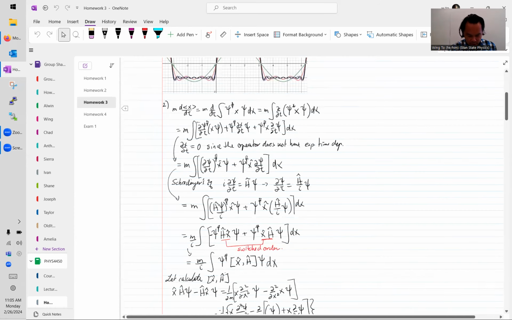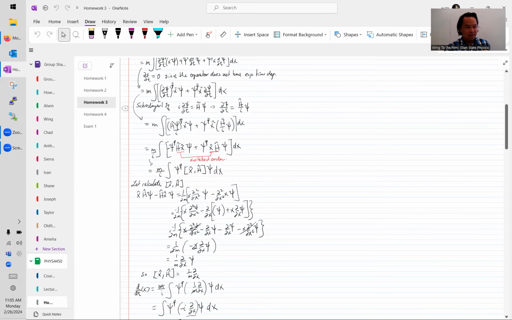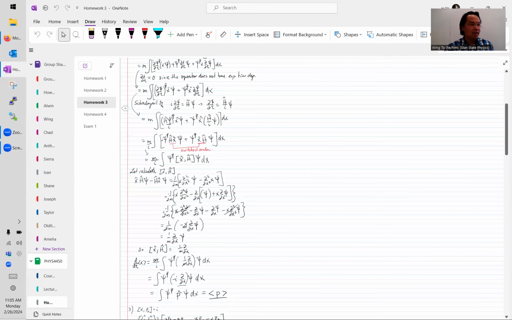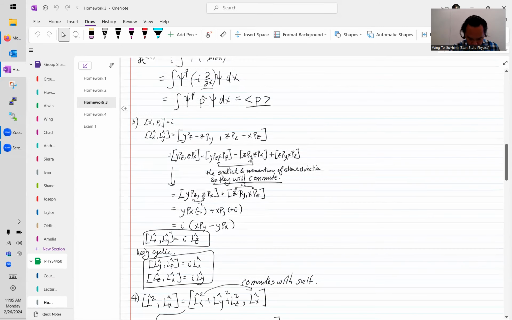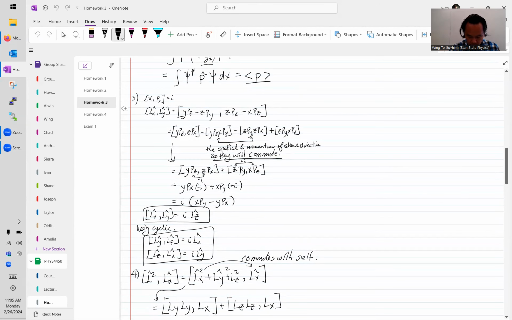In 10 minutes, you will not be able to do number 2 on homework 3, because I can't even put it on one screen. There are like 15 lines of algebra there. However, a good example of a 10-minute problem is doing these commutation relations between Lx and Ly. That you can do in 5 to 10 minutes.